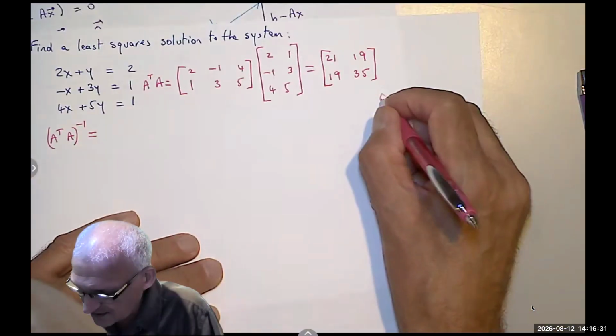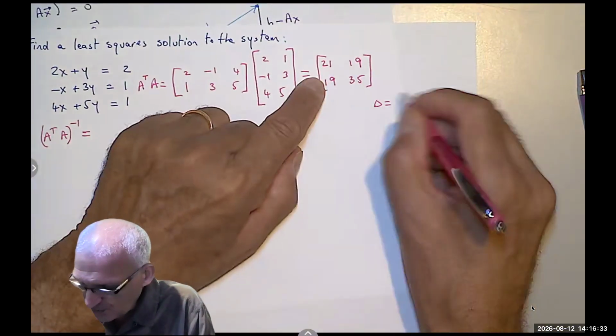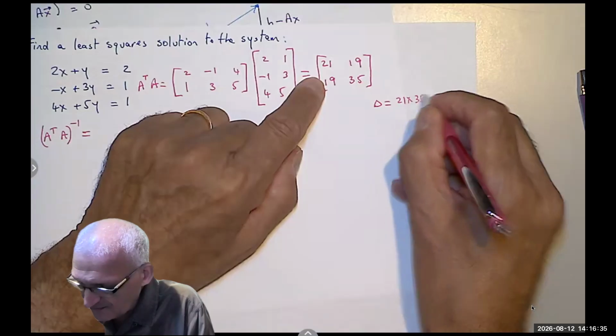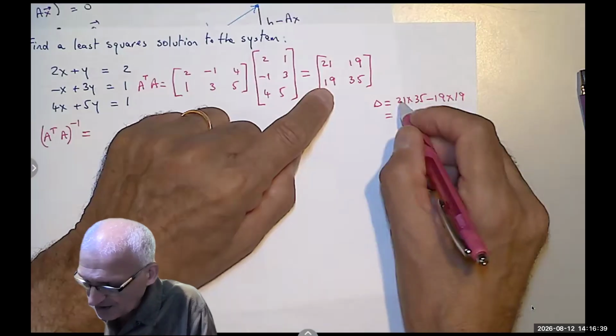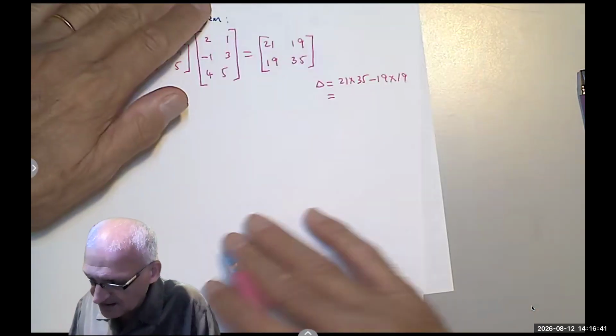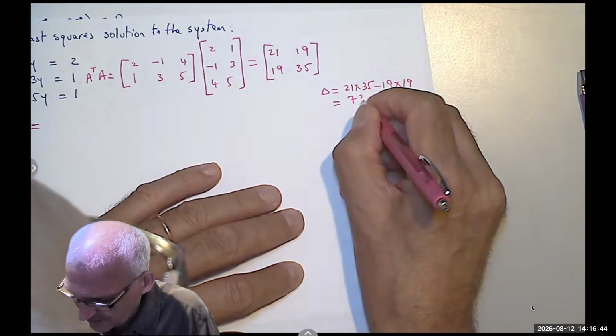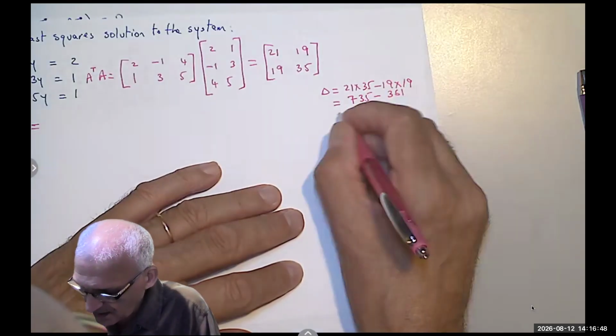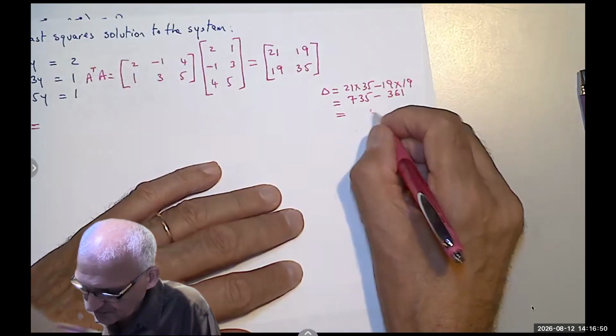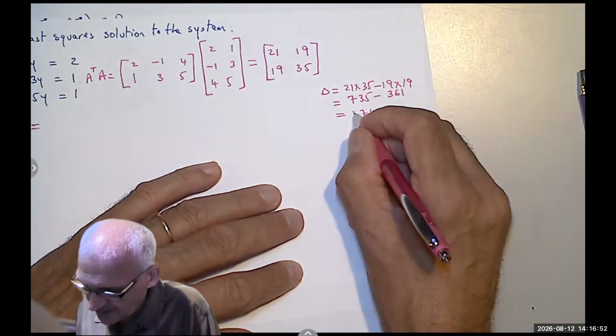So the determinant here equals 21 times 35 minus 19 squared. 20 times 35 is 700, and another 35, it's 735. 19 squared is 361. So this is 374.